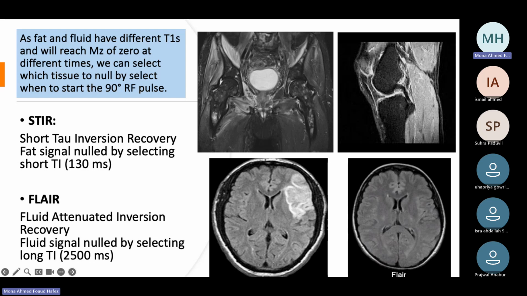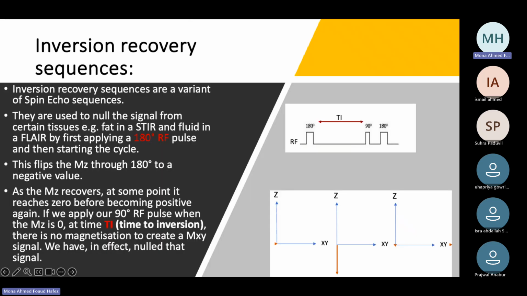Fat has a short TI and fluid has a long TI. After a short time, all fat signal will be nulled, so we can apply STIR, and after a long time, all fluid signal will be nulled, so we can apply FLAIR.